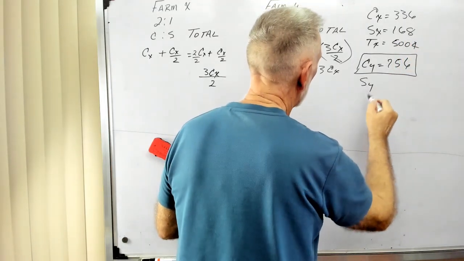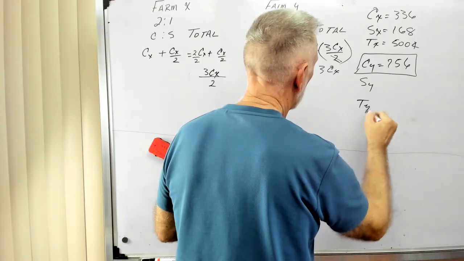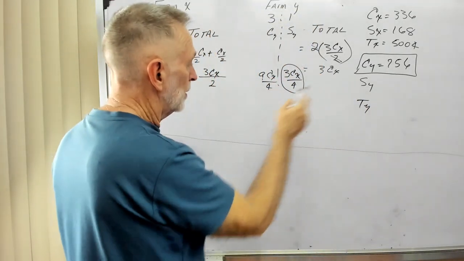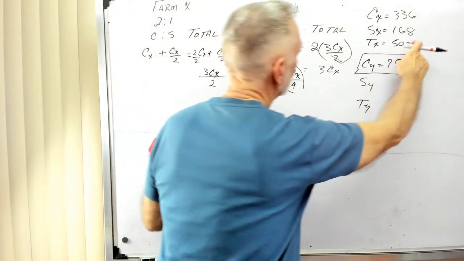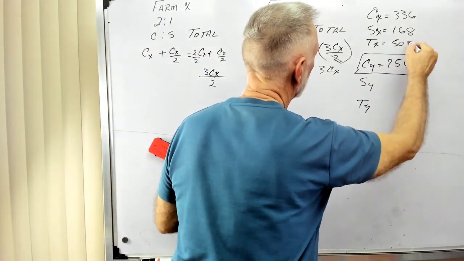The sheep on Y and the total on Y. Now the total, remember, that's 504, not 5,004.